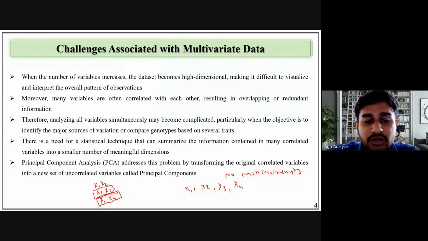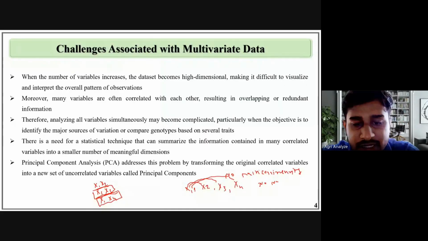Okay, it should be non-significant. It must be. But in multivariate data, correlation may be found significant.